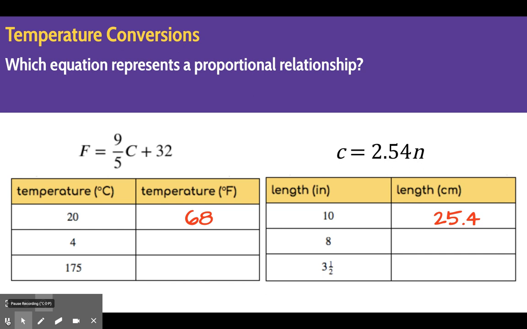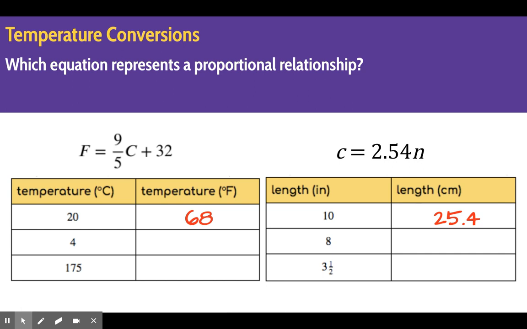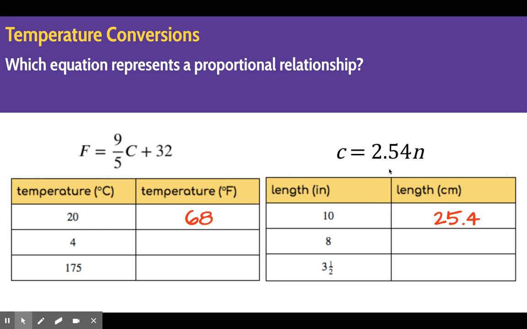Now, hopefully, after your calculations, you realize that this one is in fact proportional because when I divide, I get the same number of 2.54 for each one. So, because that constant of proportionality or the unit rate is the same, it is in fact proportional.